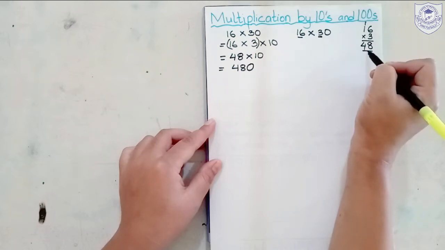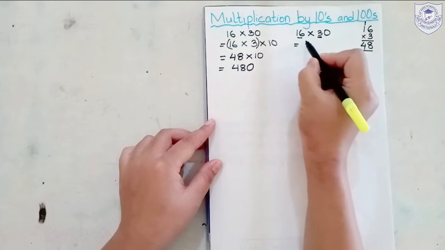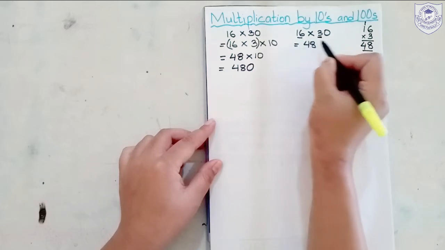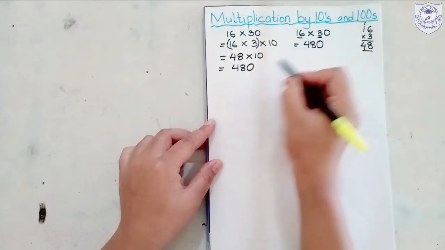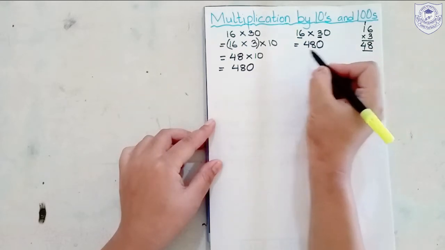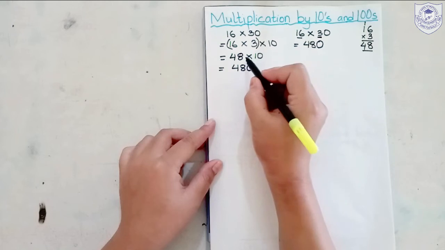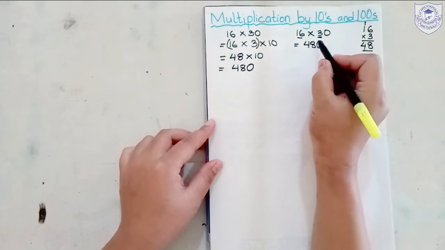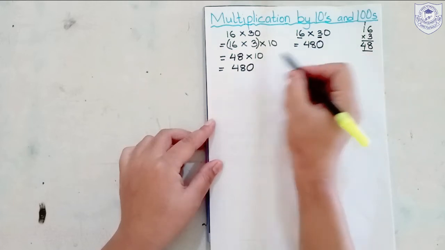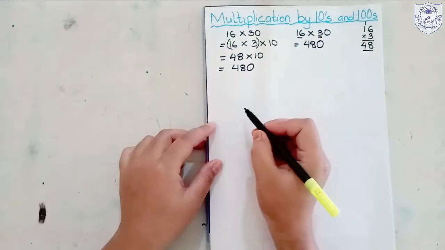And the answer that we got is 48. So we'll write 48 here. And since there is 1 zero, we are going to put 1 zero here. We got the same answer. Here there are two methods. The first method is a bit longer, and the second method is shorter and easier, isn't it? Both of the methods you have to remember.